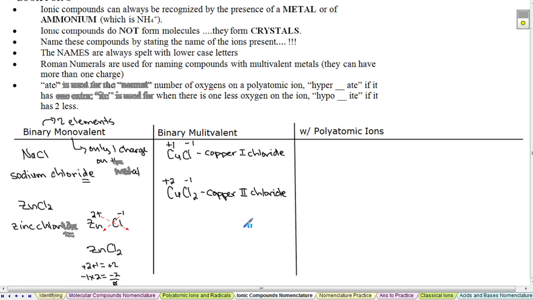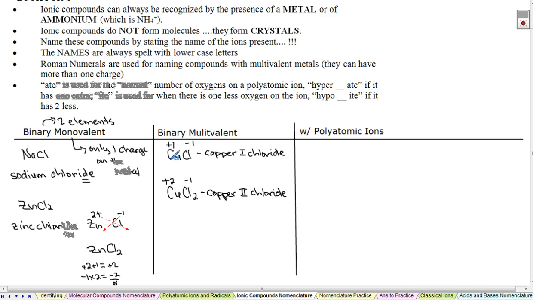You may have seen copper 2 chloride called cupric chloride, or copper 1 called cuprous chloride. We'll take a look at that in a bit when we look at a classical way of naming our ions. But the stock rule is the method that we use for naming. Today it is the accepted way.